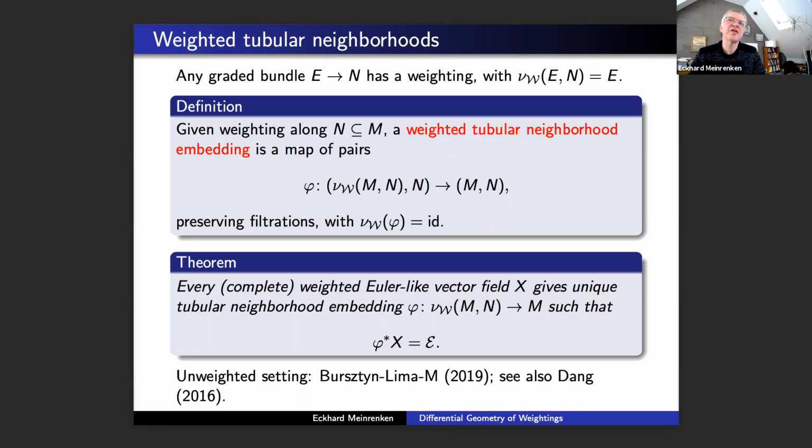So you can always linearize it in the weighted sense. That's basically the message here. Weighted Euler-like vector field and weighted tubular neighborhood embedding is almost the same thing, up to completeness of vector fields and things like that.